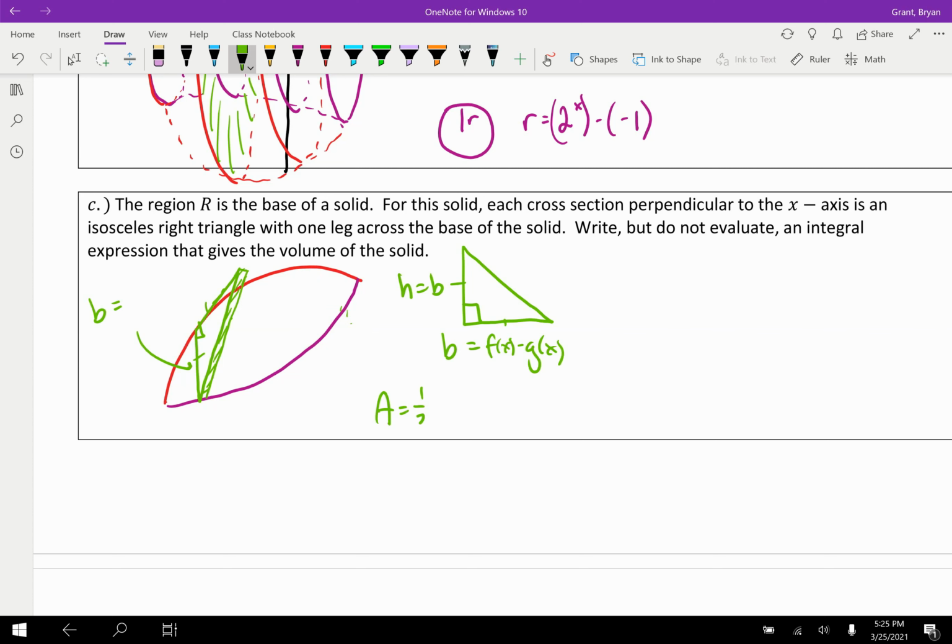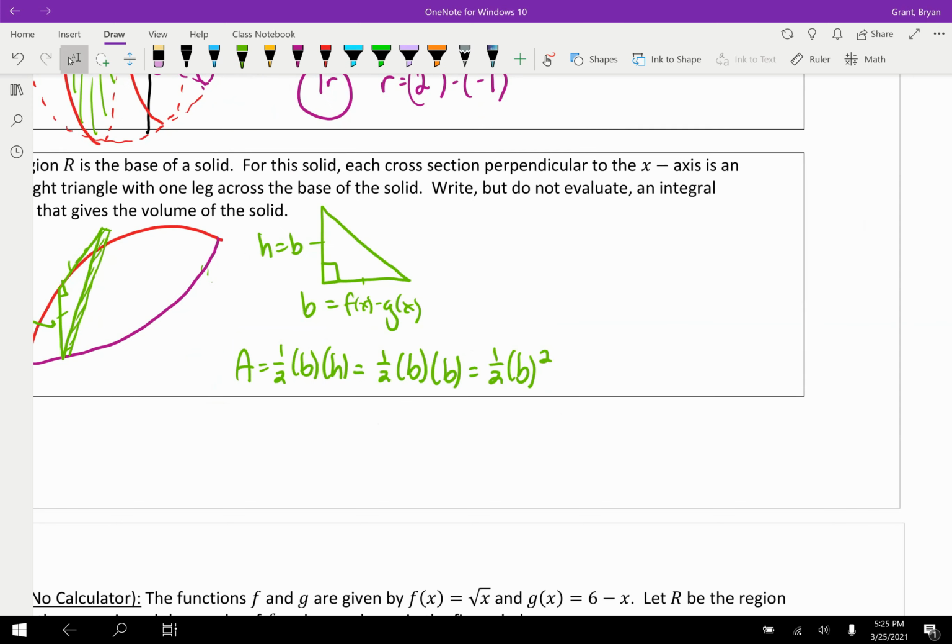Well, area is 1/2 times a base times a height, but with an isosceles, the base and the height are the same, so really it's just 1/2 of the base squared. How do we find volume? Well, volume, we go through and we add a third dimension, right? Volume is going to be 1/2 the base, which was f of x minus g of x, squared, 2 dimensions.